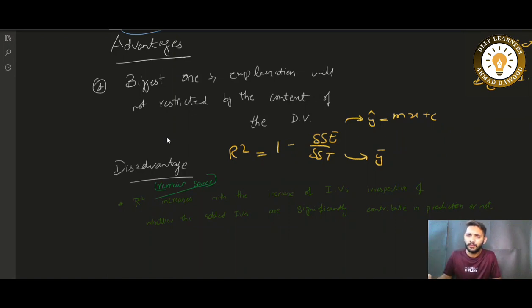Maybe some of you have a question in your minds: why is R square increasing? I will explain in this way, but you should think about why R square is increasing by adding some irrelevant feature. I will give you a hint.